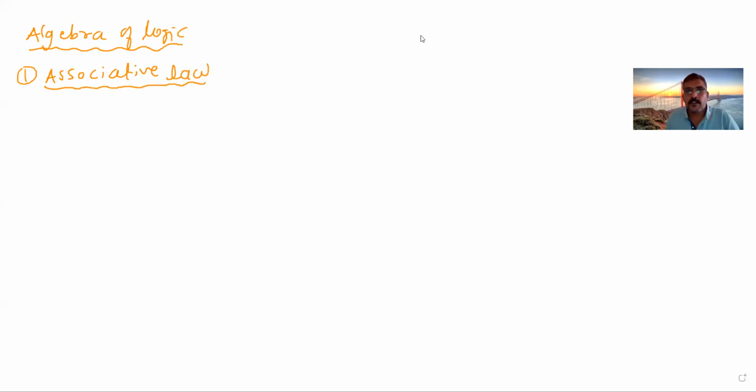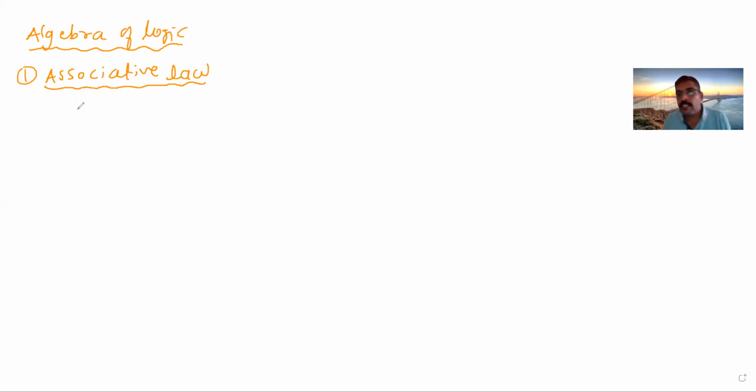The properties of algebra in logic: the first property is the associative law. Which law? Associative law. Let's see what the associative law is.